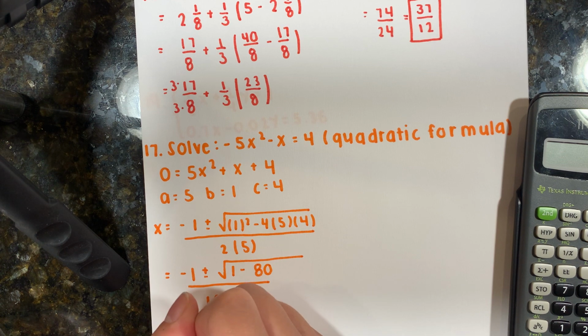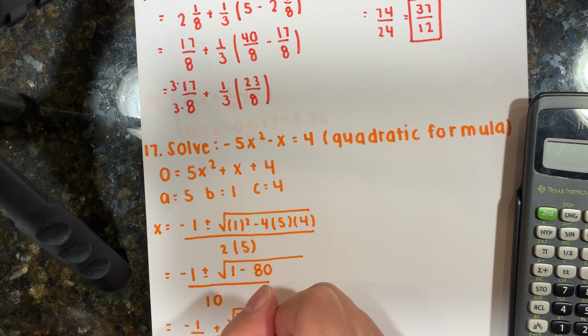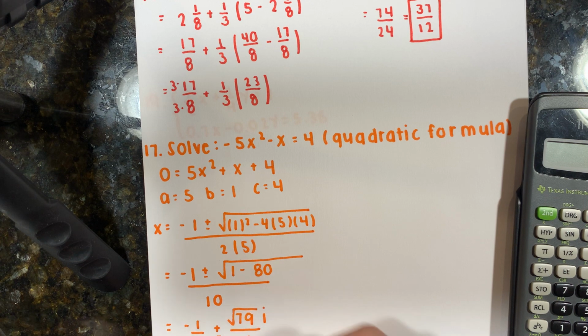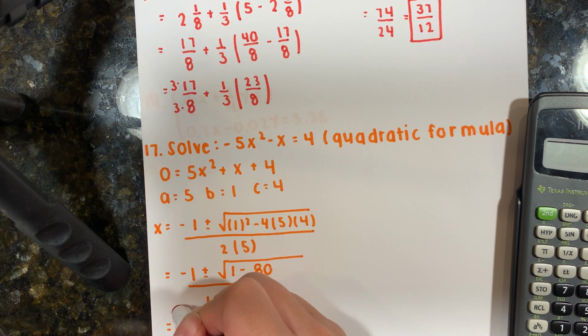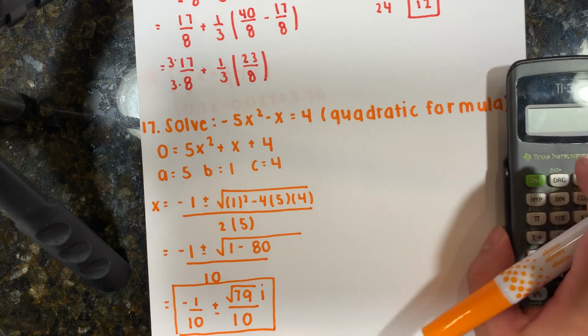Now I can separate that, so that would be -1/10 plus or minus the square root of 79i over 10. And that is it. So we solved that by quadratic formula.